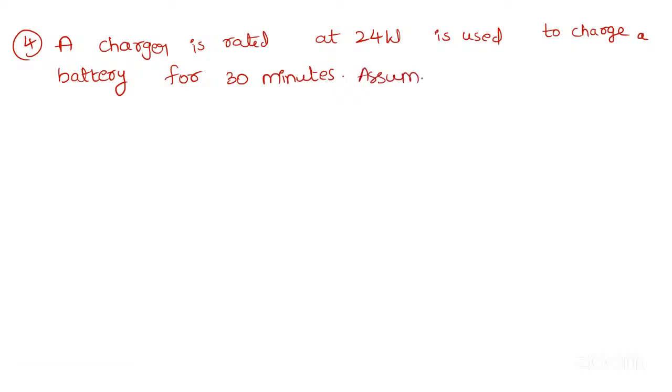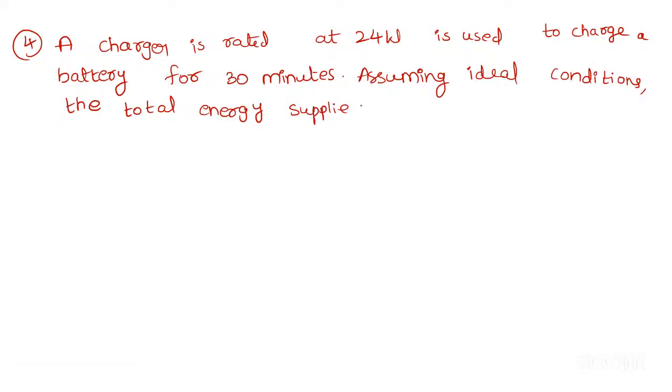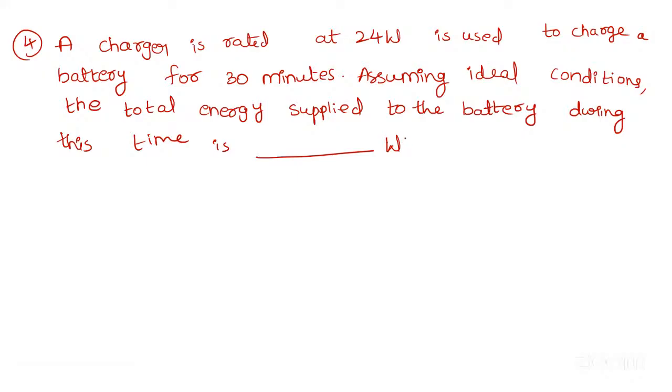Assuming ideal conditions, the total energy supplied to the battery during this time is dash. So how to do this?